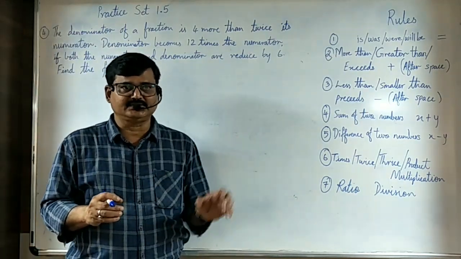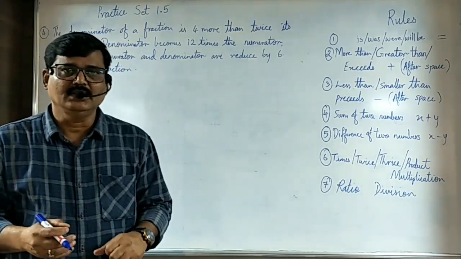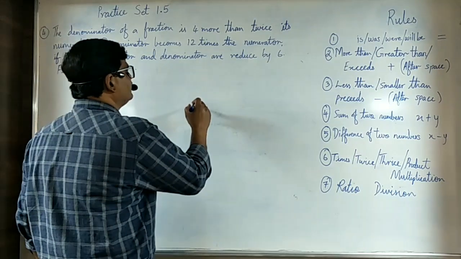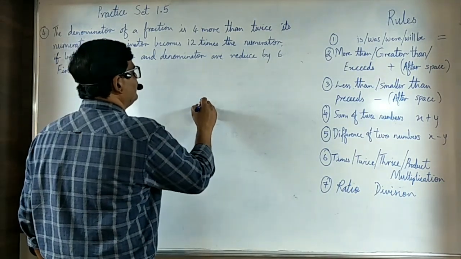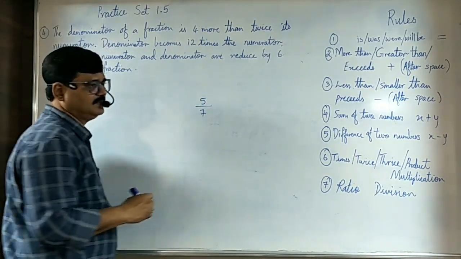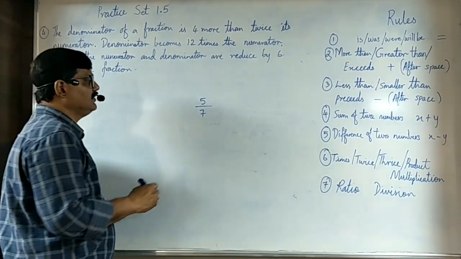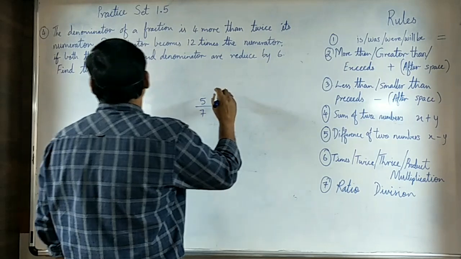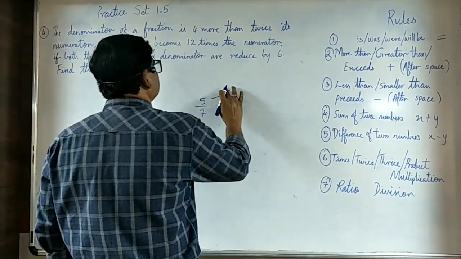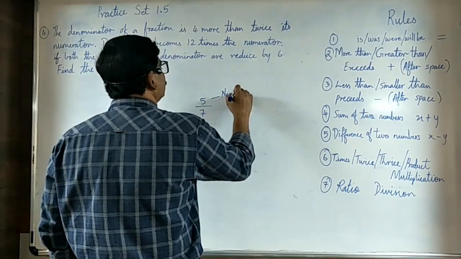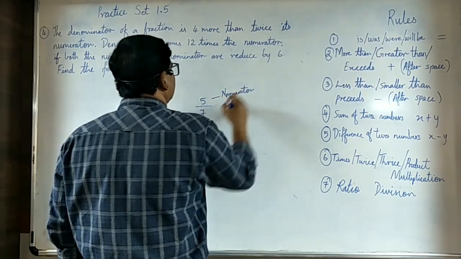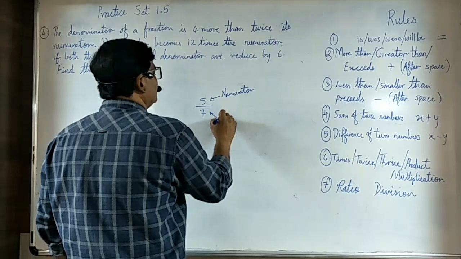Fraction is considered as one thing, but I tell you one thing. Suppose I write here 5 upon 7. This upper part is called the numerator, and the lower part is called the denominator.